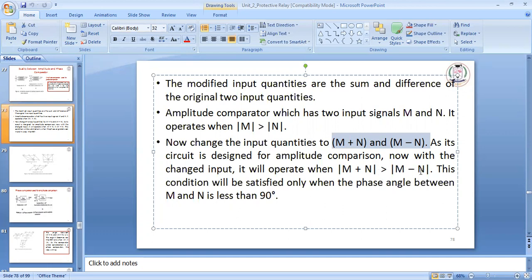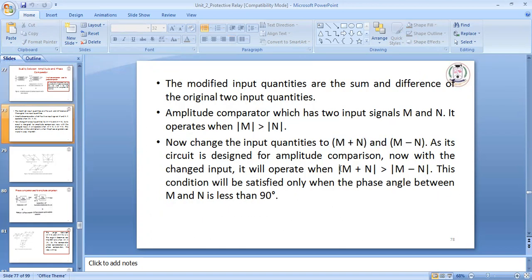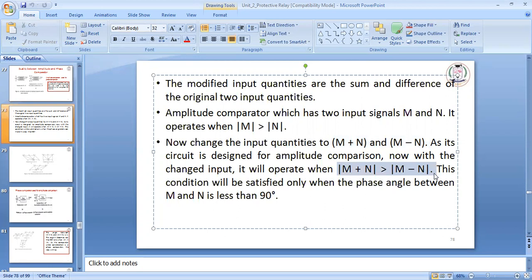Actually my amplitude comparator is comparing only the magnitudes, but if I change the inputs to m plus n and m minus n and this condition happens, it is indirectly saying the angle between m and n is lesser than 90. That means my output is showing some fault, some error.